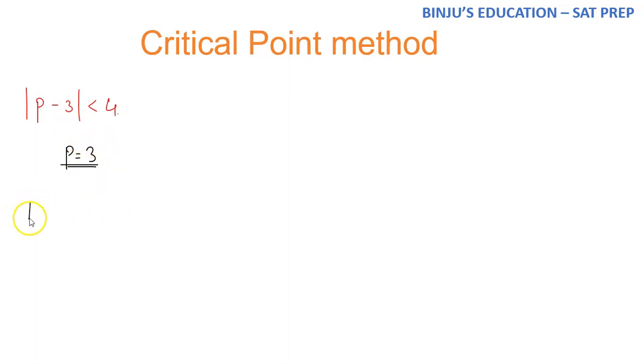So first case you will take p is equal to 3. Second case you will take p is greater than 3, and third case you will take p is less than 3. Now if p is equal to 3, plug in the value of p in the equation. When p is equal to 3, you will get mod of 0 is less than 4, which effectively is true. So therefore this satisfies.